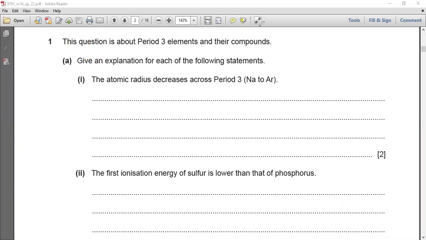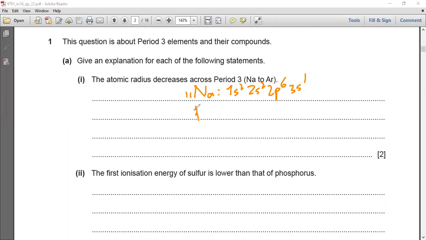Sodium has atomic number 11, and if we write its electronic configuration, we have 1s2, 2s2, 2p6, and 3s1. So we have 11 electrons in one atom of sodium.